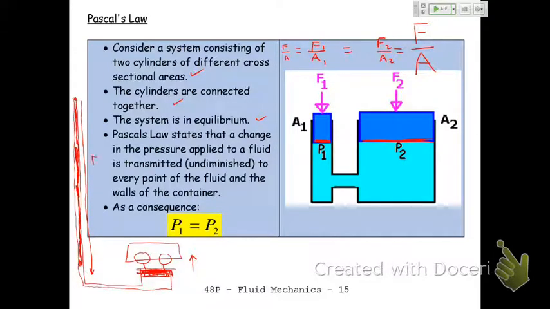So a little force through a big distance gives me a big force through a small distance. So in terms of work, I'm not getting something for nothing, but I'm able to use a small force on a small piston to effect a big force on a big piston. And it is quite eerie.